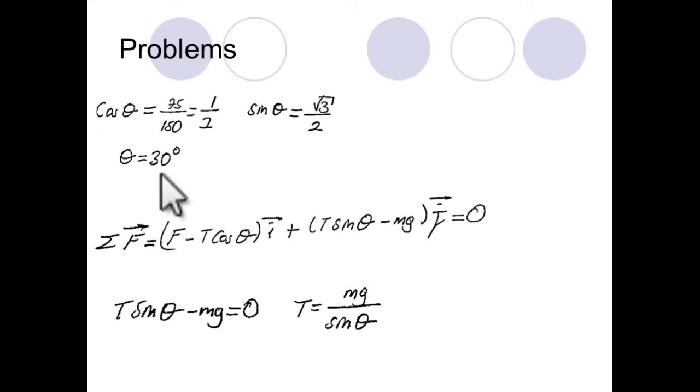From here we can easily say that. Okay, now we have found the angle that the string or massless rod or wire makes.